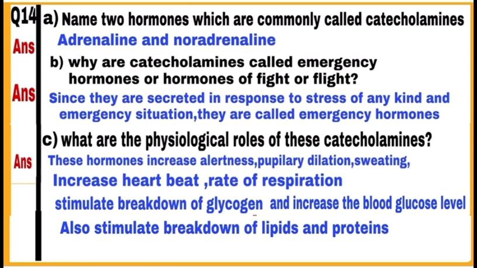These hormones increase alertness, pupillary dilation, sweating. They increase heartbeat and rate of respiration. They stimulate breakdown of glycogen and increase the blood glucose level. They also stimulate breakdown of lipids and proteins.